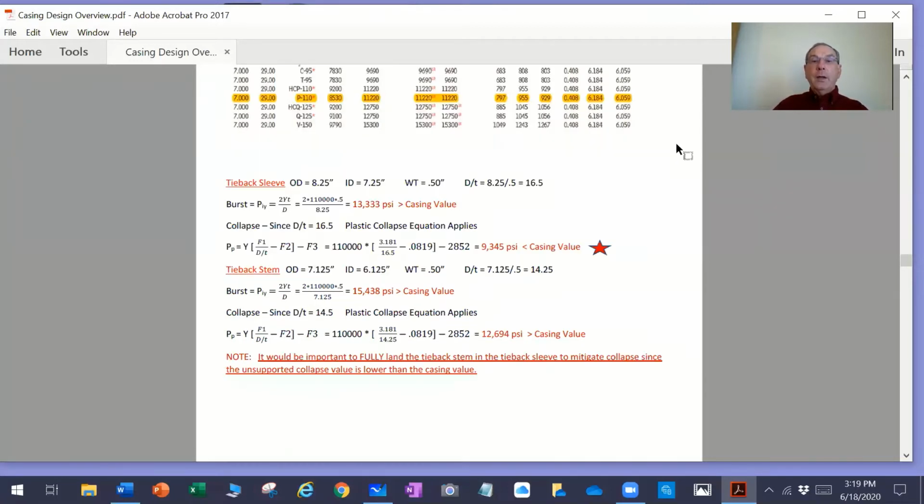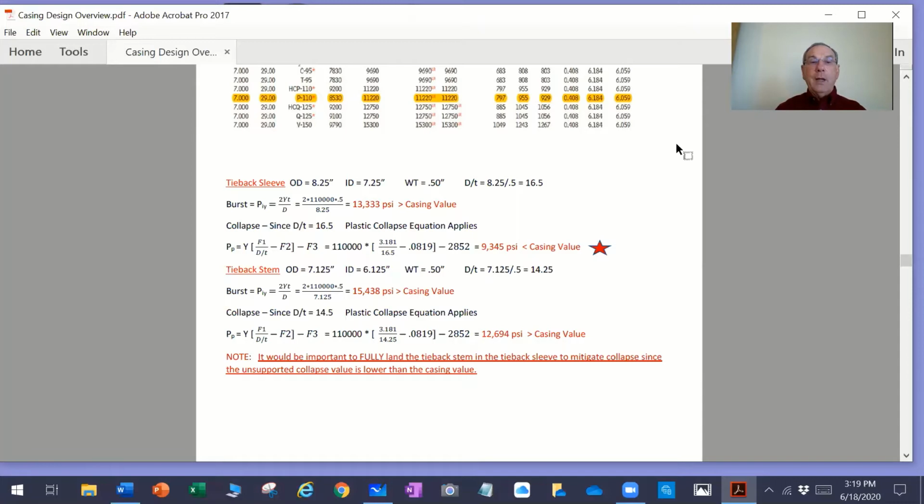If we take a look at that exercise that I just made up, the OD of the tieback sleeve is 8 1/4, and the ID is 7 1/4. So it has a wall thickness of 1/2 inch. So the D over T ratio is 8 1/4 divided by 0.5, which is 16.5.